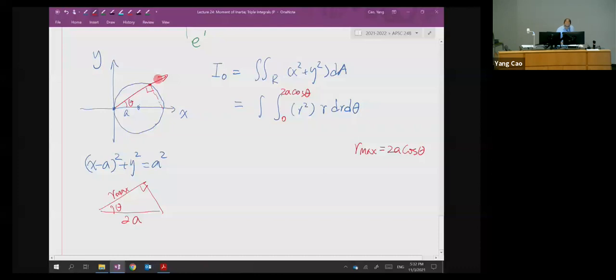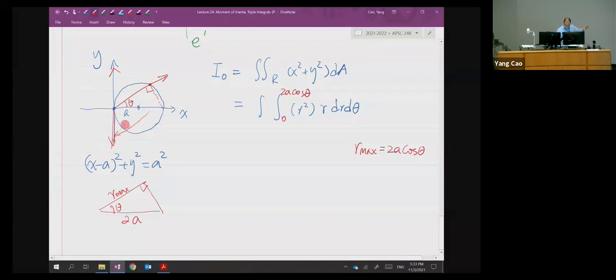Okay, so next step, you rotate this reading line from one edge to the other edge to find the angle associated with the two edges. So apparently one edge is over here, the other one is over there on the top. So theta goes from this angle.